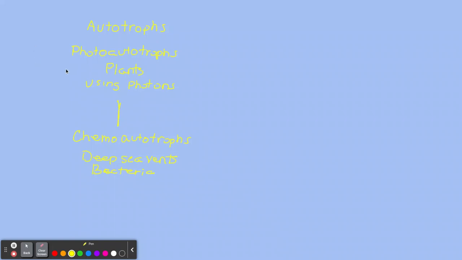So again, I'm going to write over here light, a little sun. Deep down in the ocean, these chemoautotrophs don't have that light. So they're using chemical reactions, they're using other molecules, which we'll talk about. So I'll put a line over here.